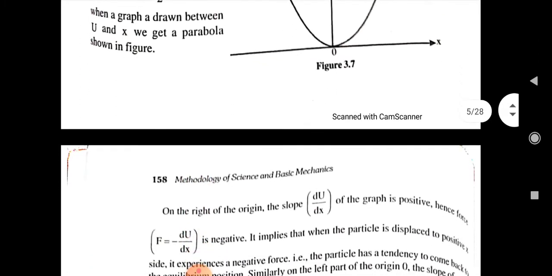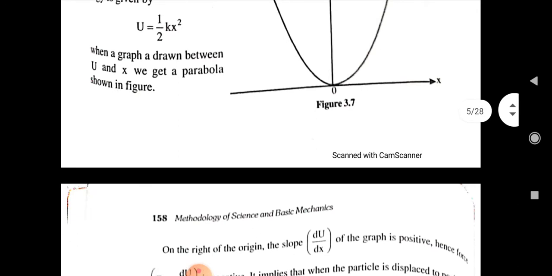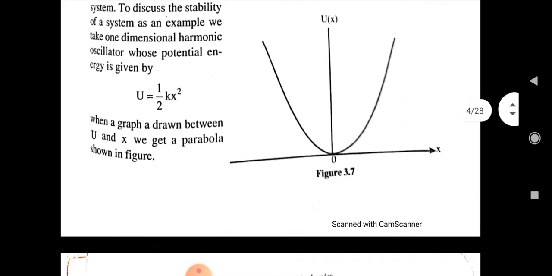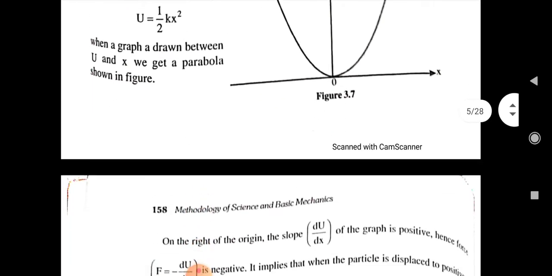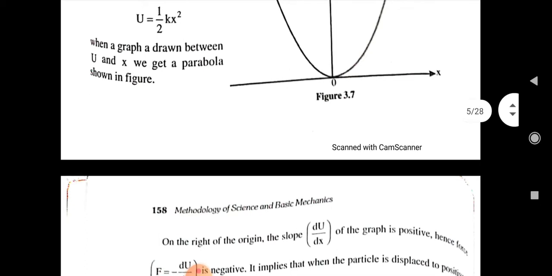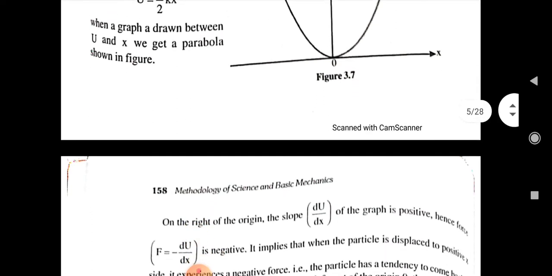In that case we found that on the right hand side the slope du by dx of the graph is positive. As x increases, u also increases, so it is positive. As the force F is minus du by dx, it is negative.